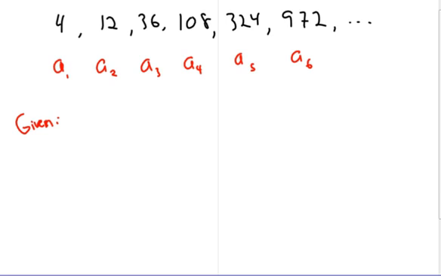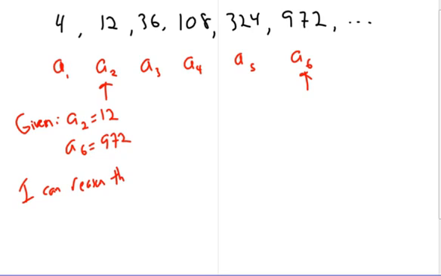And let's just say that we've been given maybe the second term, which is 12, and the sixth term, which is 972. Now you and I know what this whole entire sequence looks like, but we'll pretend like we don't, and we'll just do some counting and analysis here to arrive at a pretty neat formula, I think.